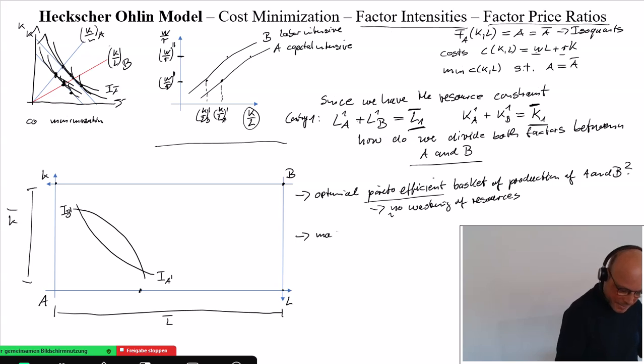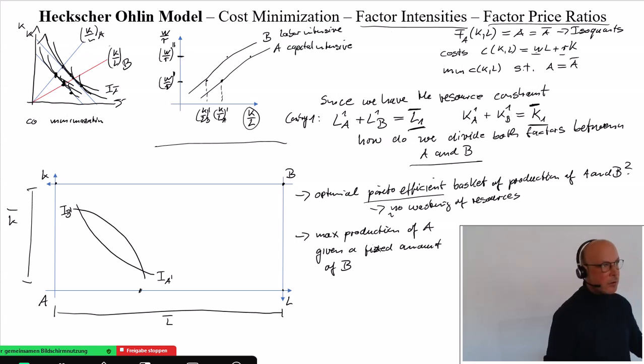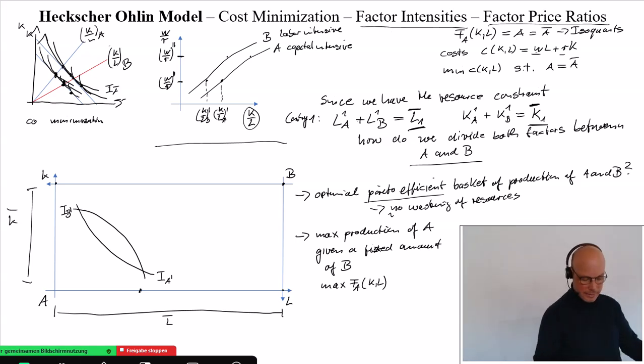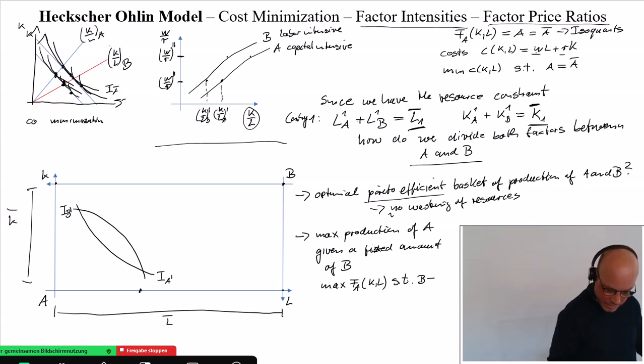So then we could say, well, then maximize production of A given a fixed amount of B, or formally max F A of K and L subject to B is some fixed amount, maybe this one here given by this isoquant in this graphic.